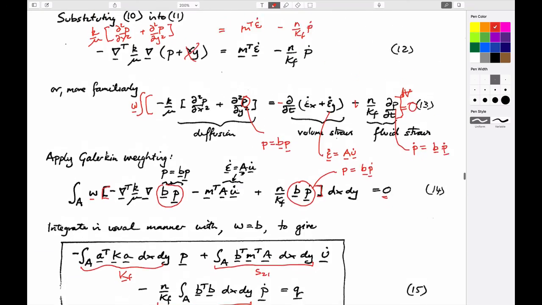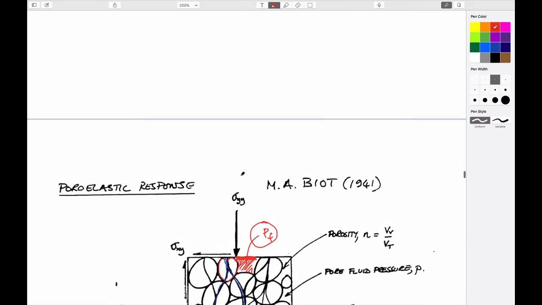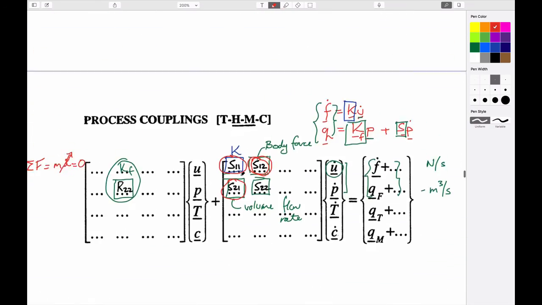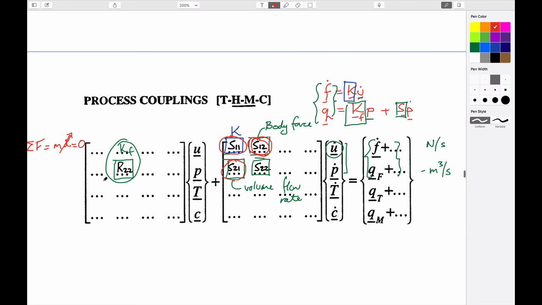I don't think I can have everything on the same screen at the same time, but let's just remind ourselves. It's this second equation that we're trying to put together. There are portions which relate to Darcy's law. So this is what we've just defined as K sub F in our previous 2 pages down. And these are the 2 other parts.